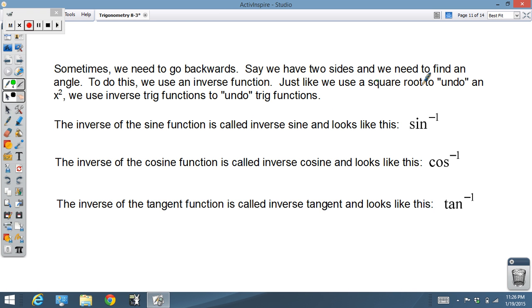So if we have two sides and we need to find an angle, we use the inverse function, okay? Again, it just undoes another operation. If we take a square root to undo x squared, that's the kind of thing we're going to do with an inverse sine function. All right, so here the inverse of the sine is called the inverse sine, and it looks like that. Inverse cosine, inverse tangent. Okay, here's how they work.